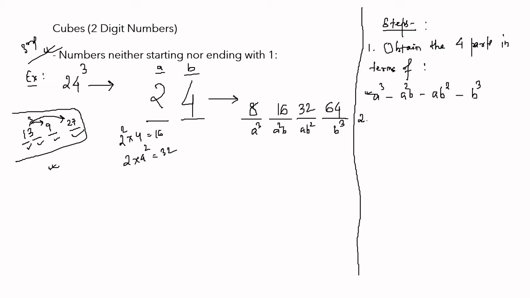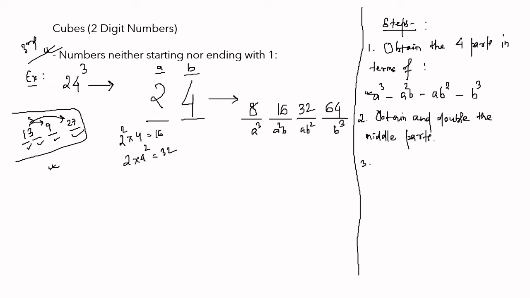Now for the next step, it's pretty simple. You just need to do the same things which you have been doing for numbers ending and starting with 1. If you guys remember, the second step was to obtain and double the middle parts.